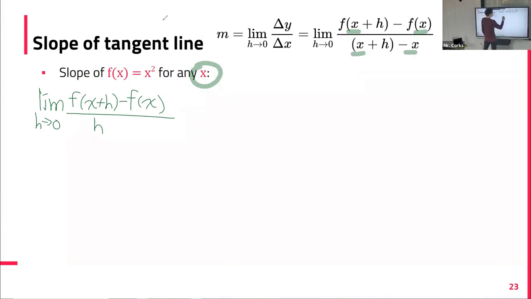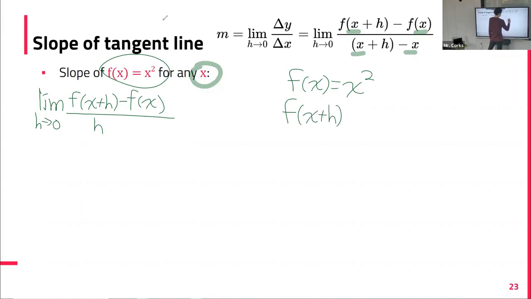Okay, so h on the bottom, f of x here is going to be what? x squared, because f of x is x squared. So that one's easy. f of x plus h, what will that be? x squared plus 2xh plus h squared.